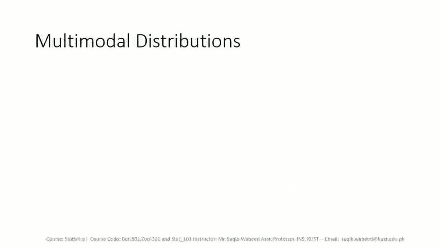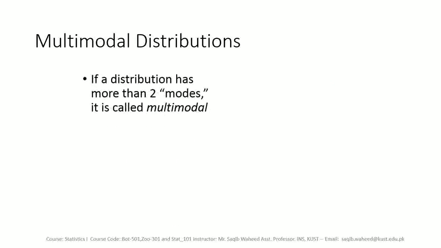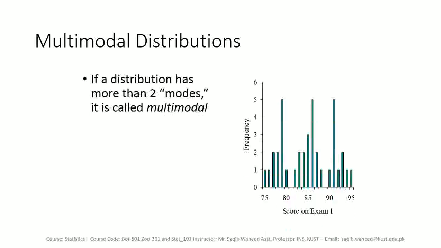And what is multimodal distribution? If a distribution has more than 2 modes, it is called multimodal distribution. And graphically, we represent the position of multimodal distribution like this.